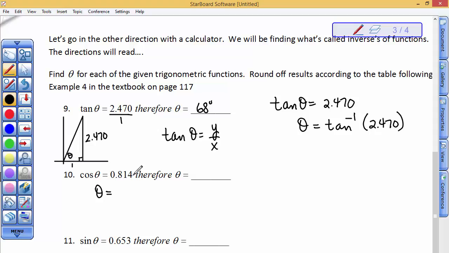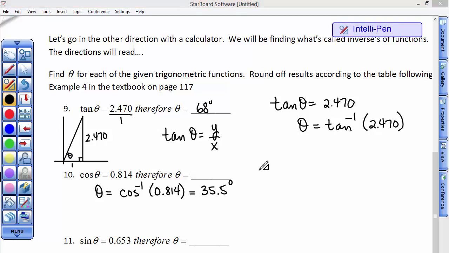To find the size of this angle theta, given the ratio, to find an angle, you've got to go second cosine. So that's the cosine to the minus 1 of the 0.814. And your calculator should give you 35.5 degrees. Let's try to check that out.